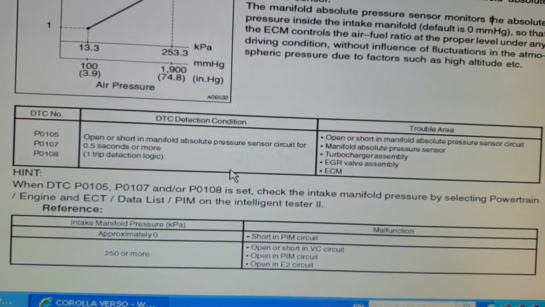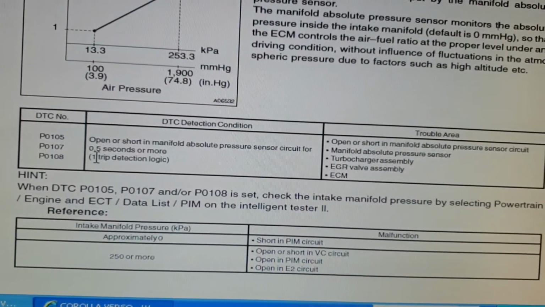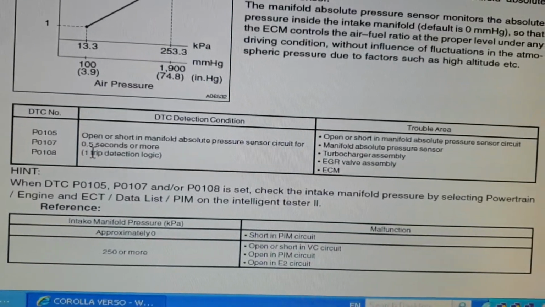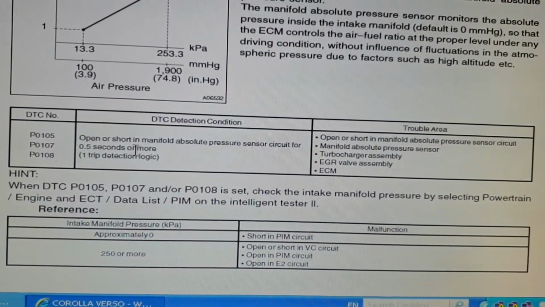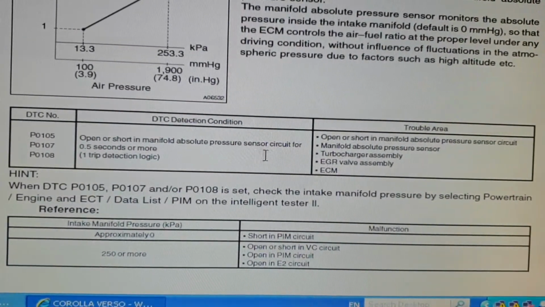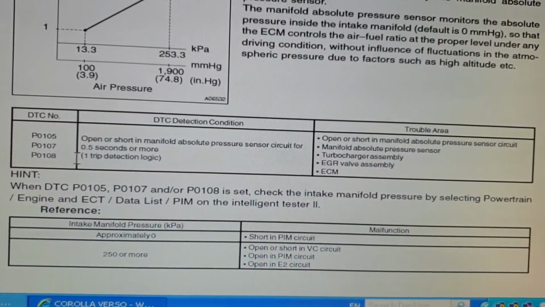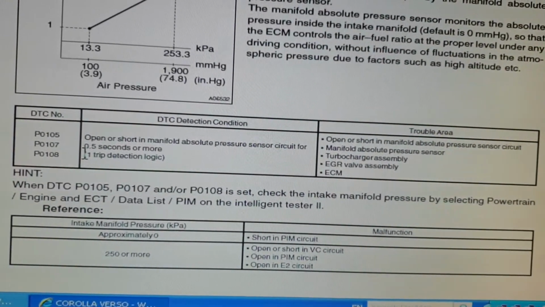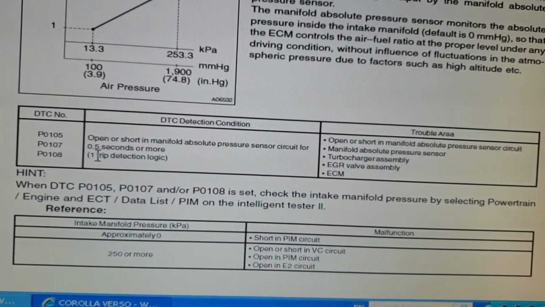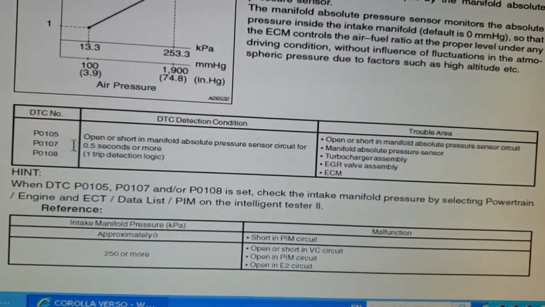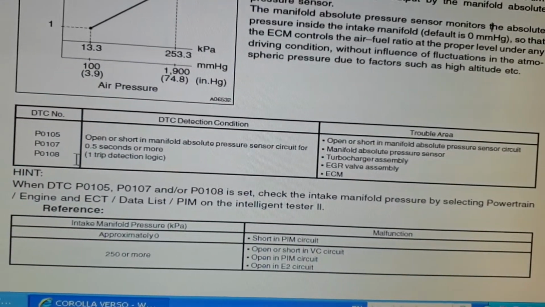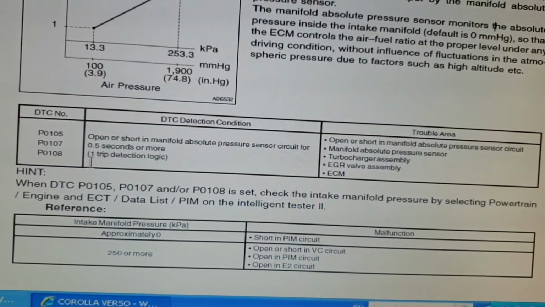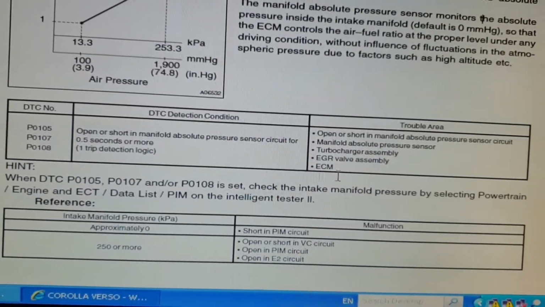We only have P0107, open or short in manifold absolute pressure sensor circuit for approximately 0.5 seconds or more. So, one trip detection logic.